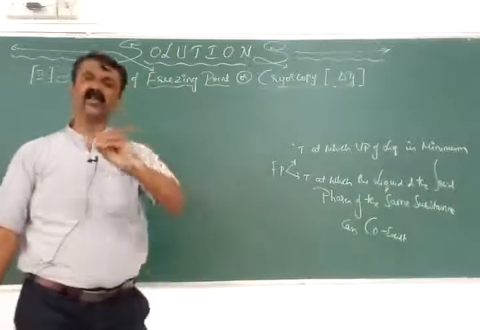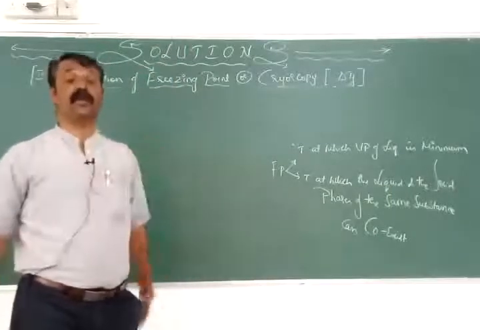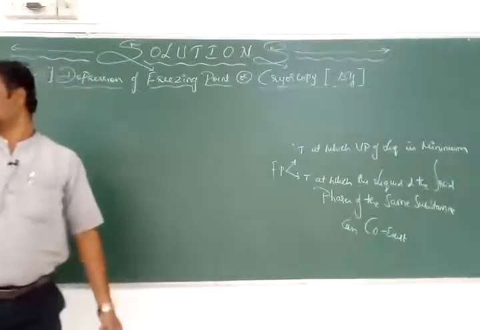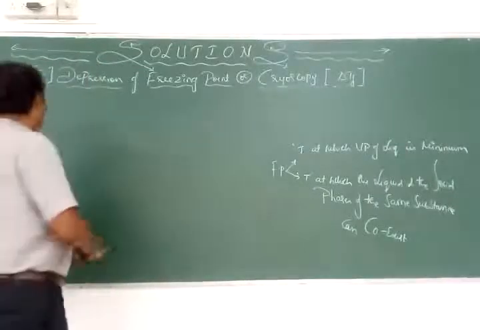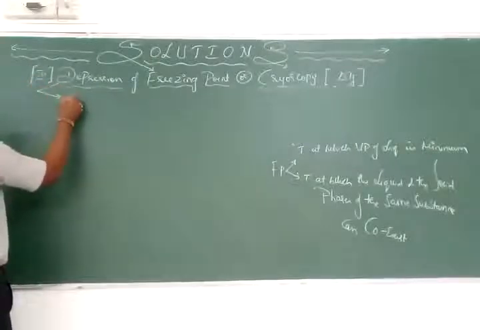Okay. Then what is depression of freezing point? It is very similar to the lowering of vapor pressure, or it is quite opposite to the elevation of boiling point. So here we have the first definition related to this.